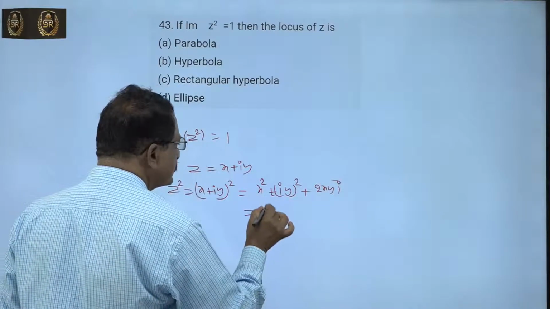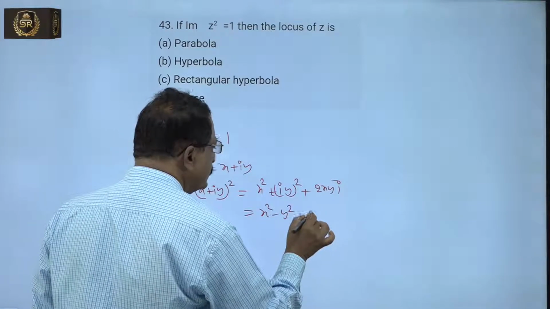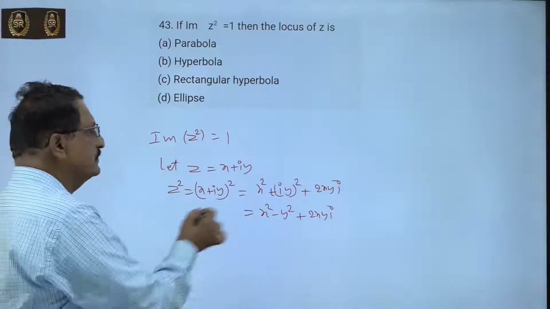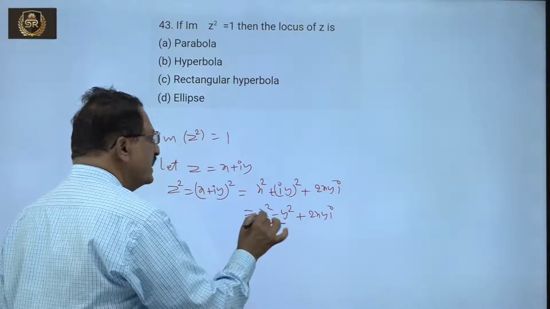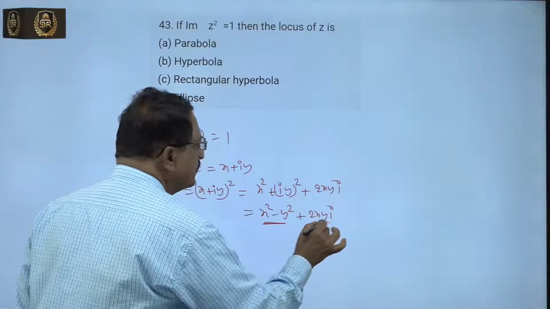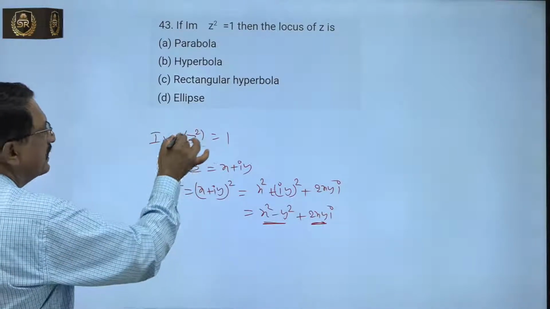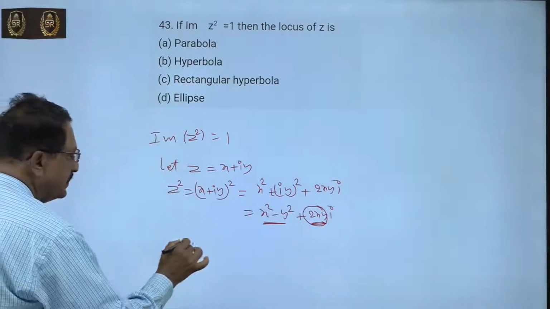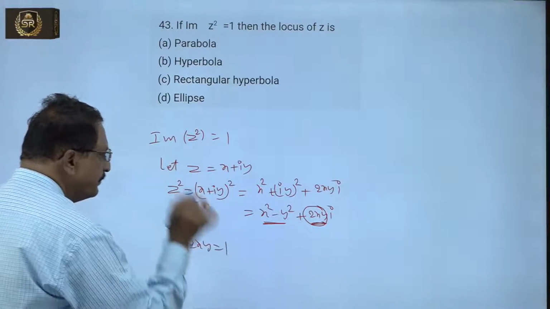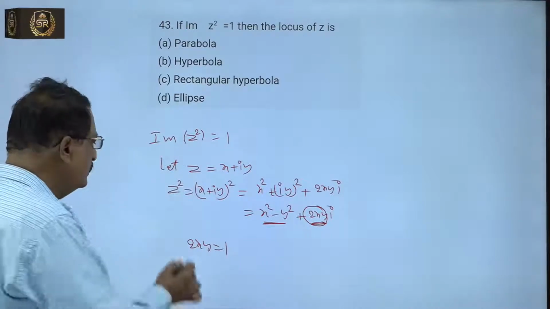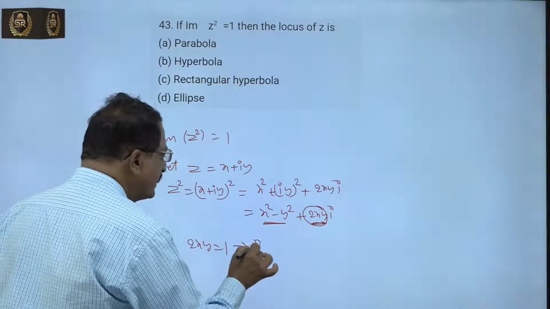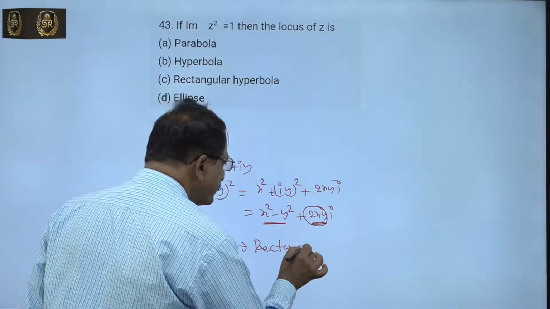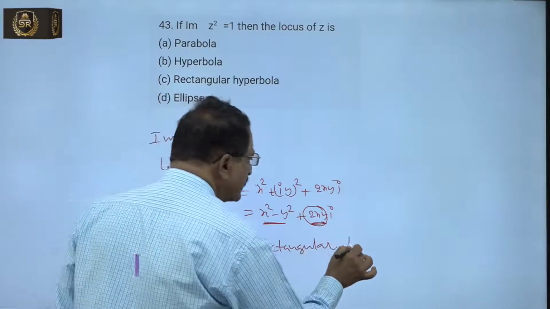Here the real part is x squared minus y squared, and the imaginary part is 2xy. The imaginary part of z squared is nothing but 2xy, so 2xy equals 1. This equation represents a rectangular hyperbola.